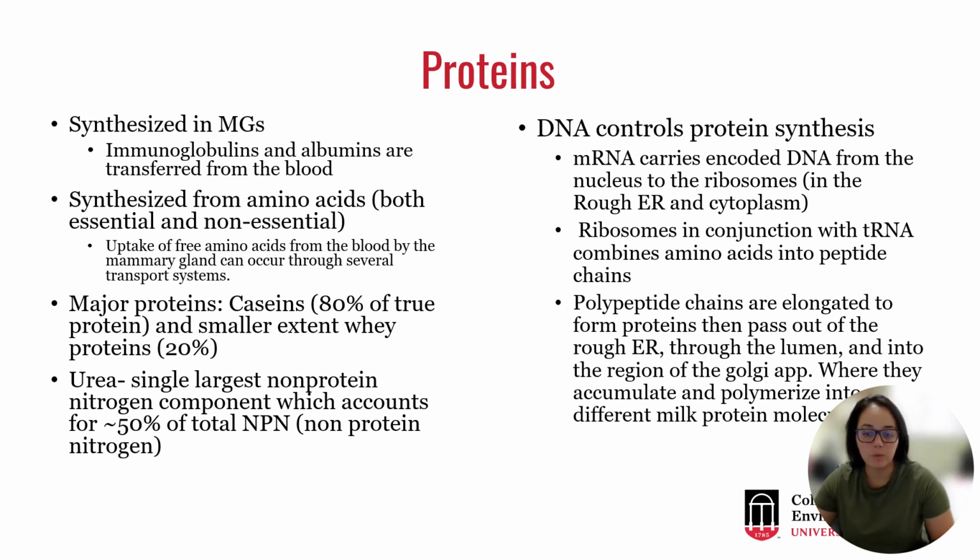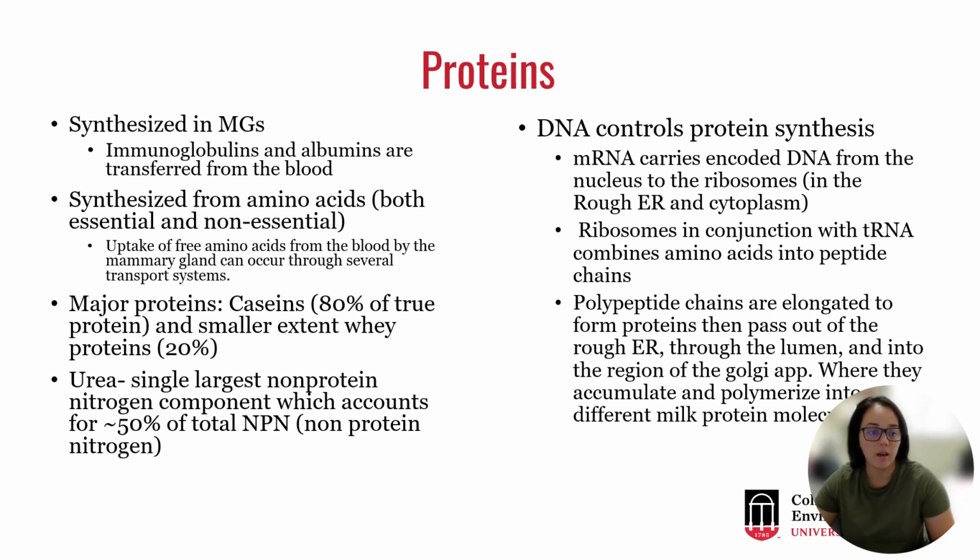Okay, so when we talk about proteins, I'm obviously talking about the proteins that we find in milk, and how those different milk components are made into them. The milk proteins are synthesized within the mammary glands.